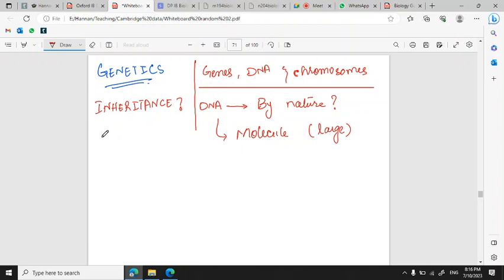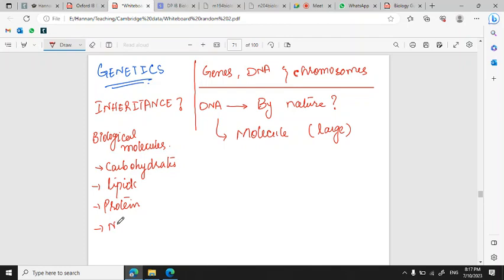If you go through the syllabus, you will come to know that we have a huge branch of biology, that is biological molecules or biomolecules, and in that branch we study carbohydrates, fats or lipids, proteins, as well as DNA, or you can say nucleic acid. So this is the category in which the DNA falls. DNA is a biological molecule, and by nature it is a nucleic acid.